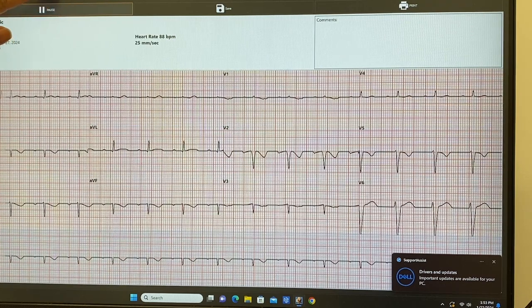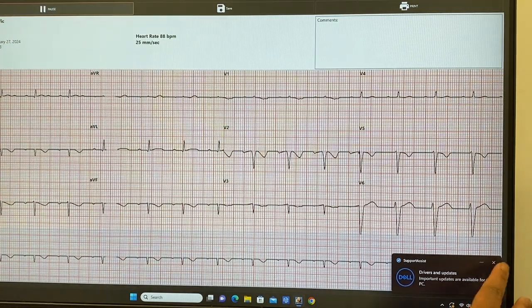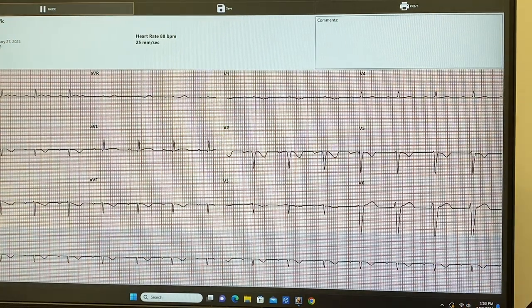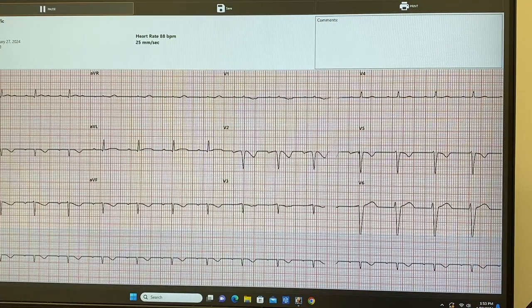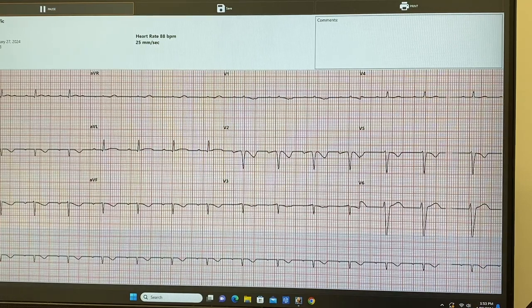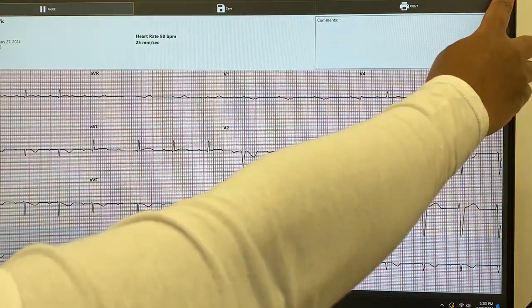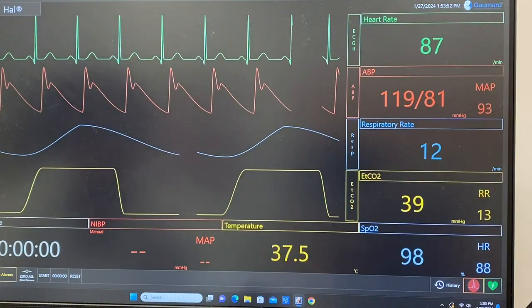The 12 lead is not showing. Don't rely on the 12 lead for this one because for some reason it's not showing you the right one. Exit again.